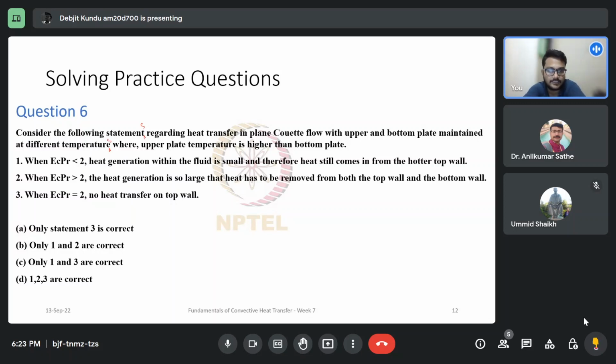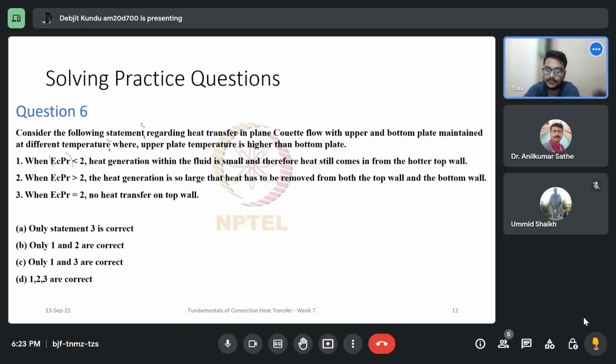And we have three statements, including Eckert number into Prandtl number. We know that this is nothing but Brinkman number, so we can think of it both ways. First statement says, when this Brinkman number is less than 2, heat generation within the fluid is small, and therefore heat still comes in from the hotter top wall.